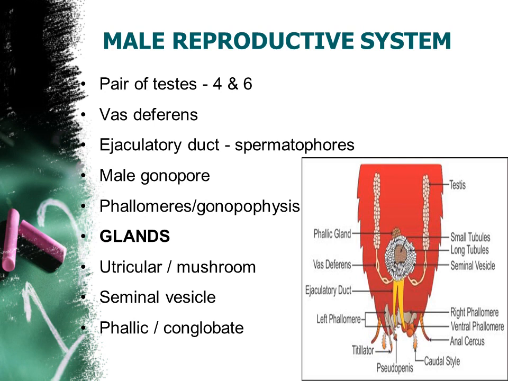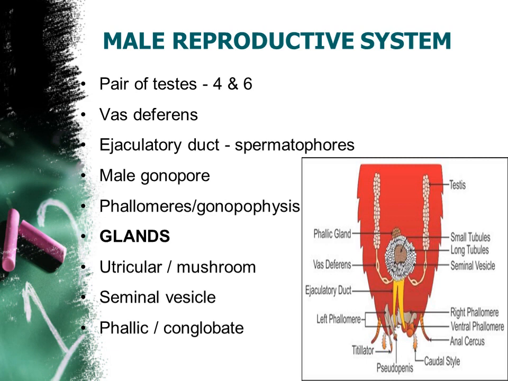Clear? Okay. And following the testis, can you watch one thin tube which is arising from the testis? That is known as the vas deferens. So that is the next region of this male reproductive system. It is the thin tubule arising from both the testes.